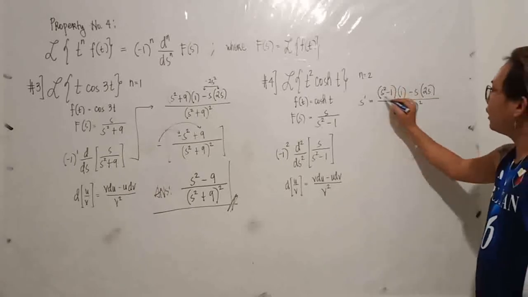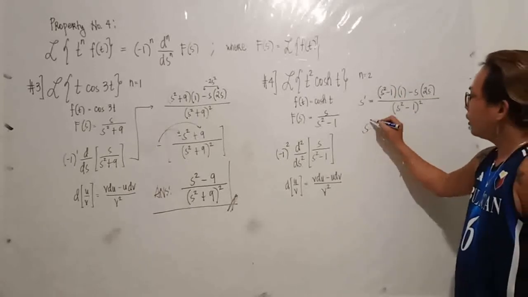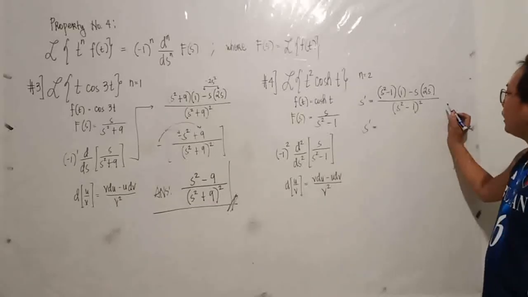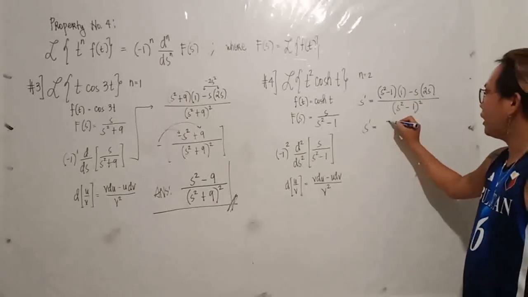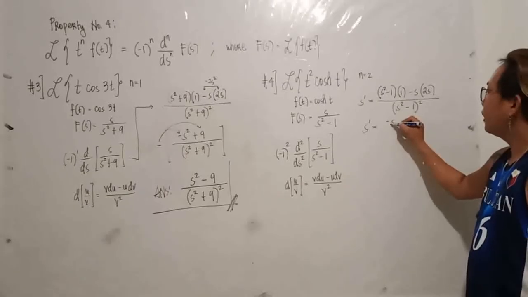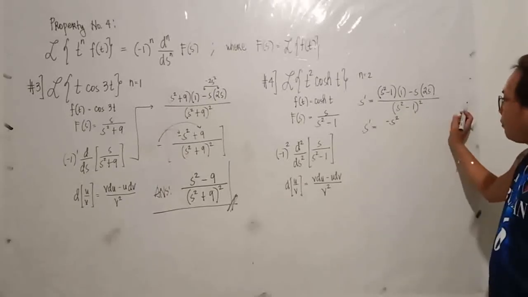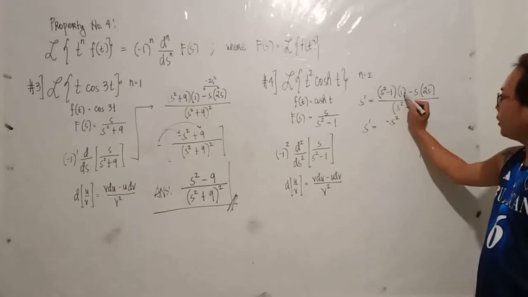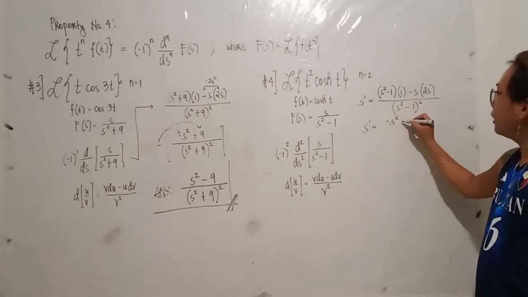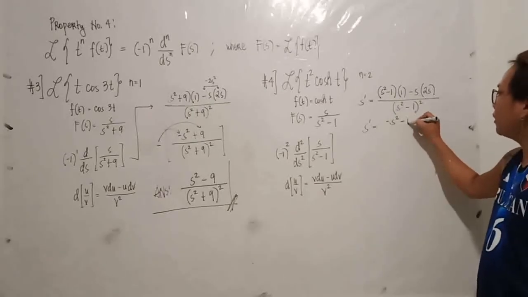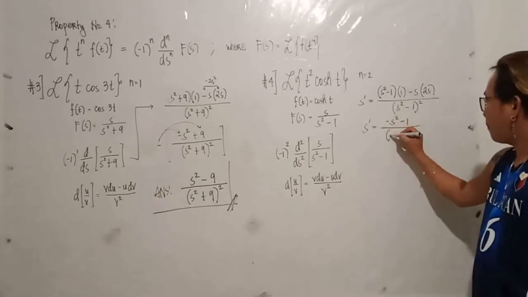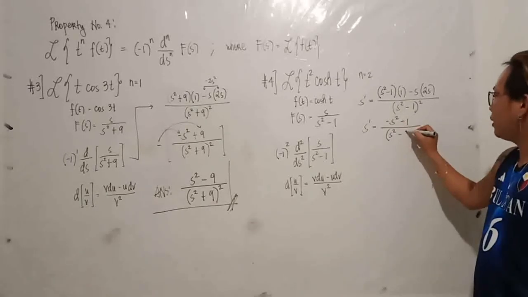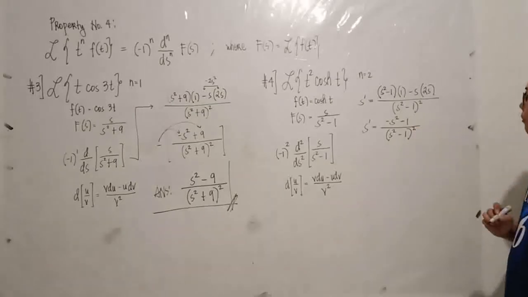Then simplifying your numerator, your first derivative now is s squared minus 2s squared, that is negative s squared. Then this will be negative 1 multiplied to positive 1, that is minus 1 over s squared minus 1 squared.